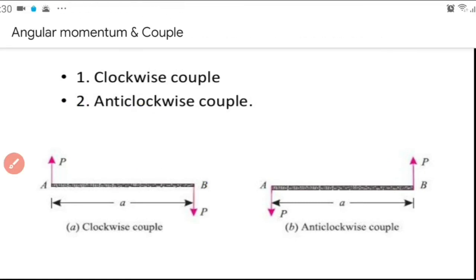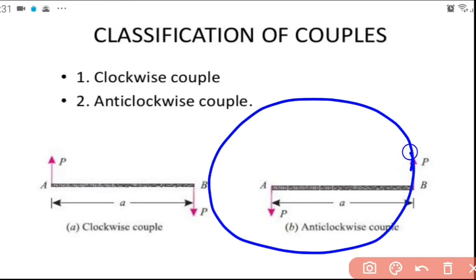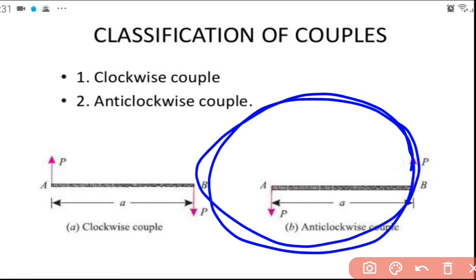Now coming to the second case, it produces anti-clockwise rotation, and for anti-clockwise rotation the torque is taken to be positive. So we apply the same sign convention for rotation: if it is clockwise, the torque will be negative, and for anti-clockwise, the torque will be positive.